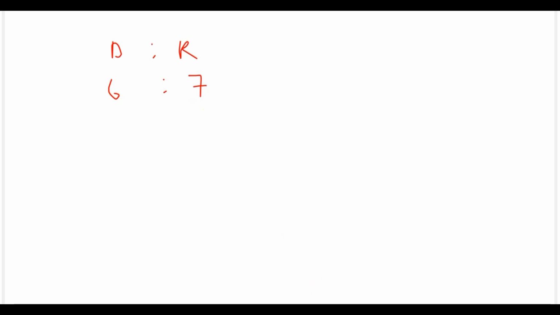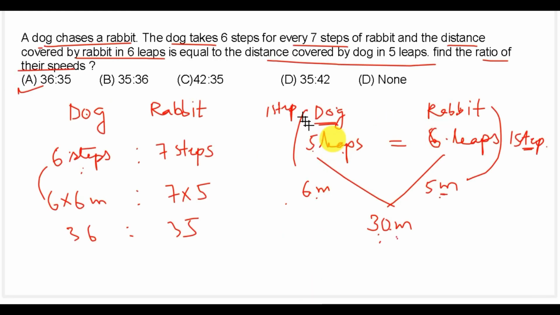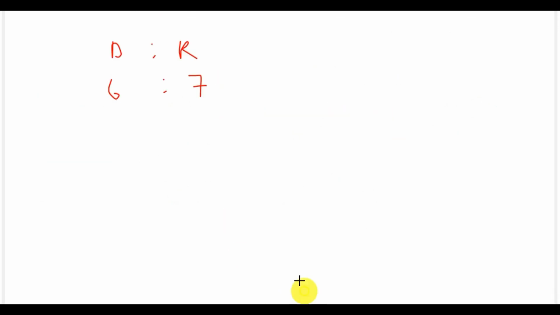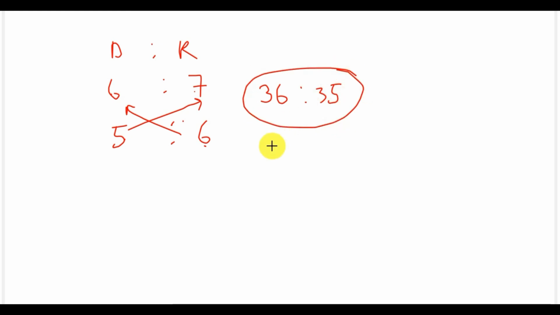And then what are the leaps they take? Dog takes 5 leaps, and rabbit takes 6 leaps. And if you have to find the ratio, then what you have to do is just cross multiply. Now 6 into 6 is how much? 36. Now 7 into 5 is 35, and that's your answer.